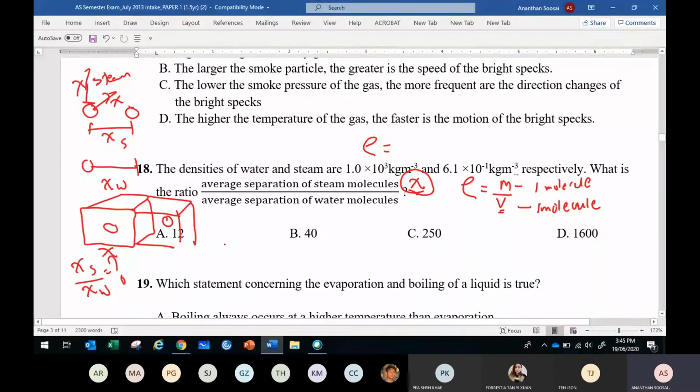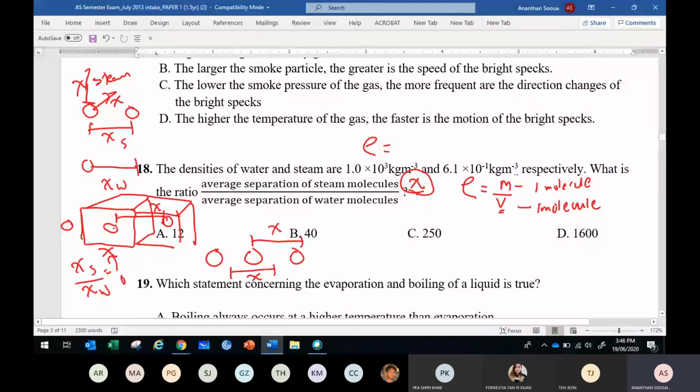From here to here is the separation of molecule x, but you have another molecule. The center to center is also x. You have three molecules. From here to here also x. From center to center we consider as x. What is x? The average separation.